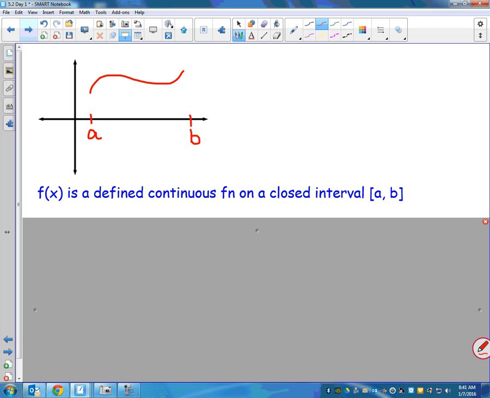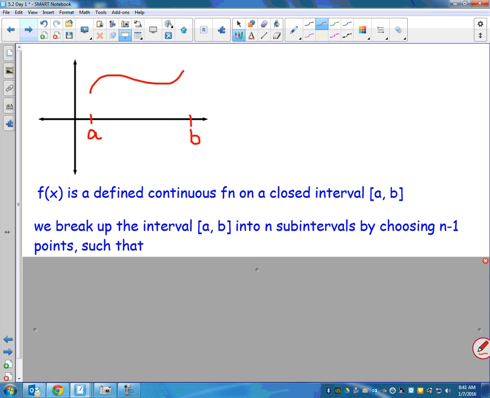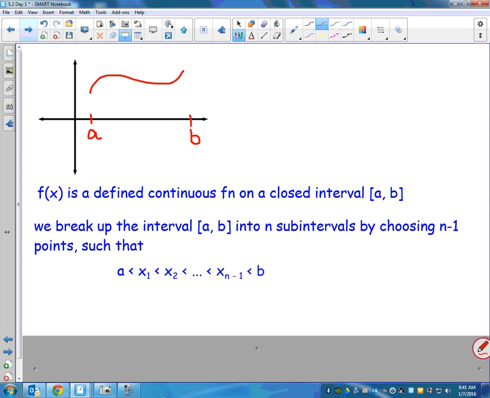What if we break this up into n subintervals by choosing n-1 points, such that we pick numbers in between a and b, and I'm going to label them starting at x1.